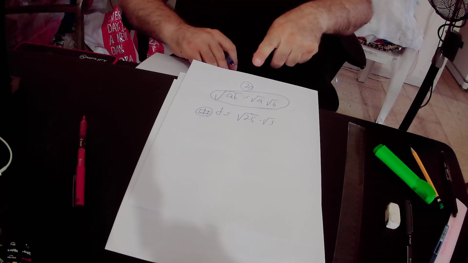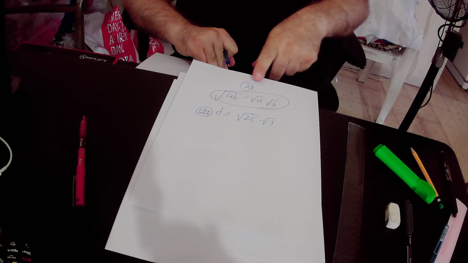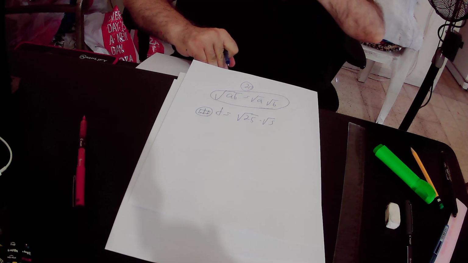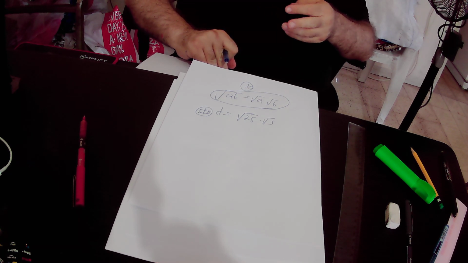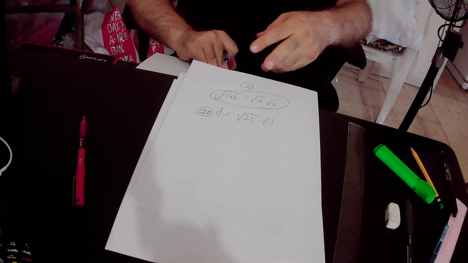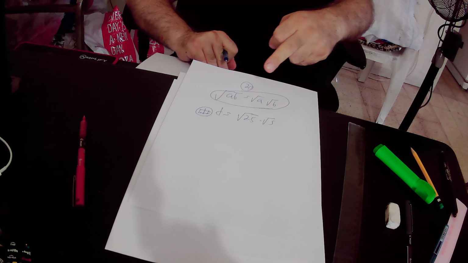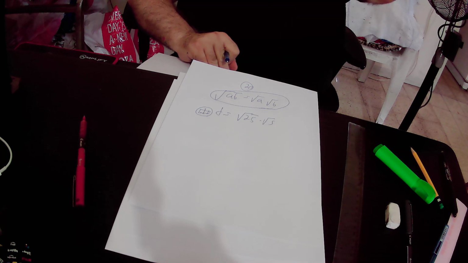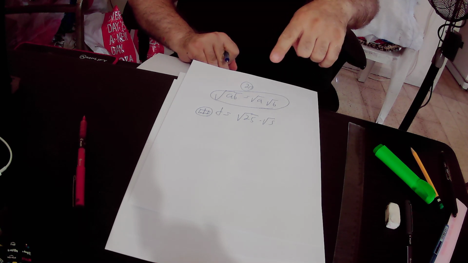So according to the rule, the root of a times b equals root a times root b, you can split the root of 25 times 5 into two roots, root 25 times root 5.